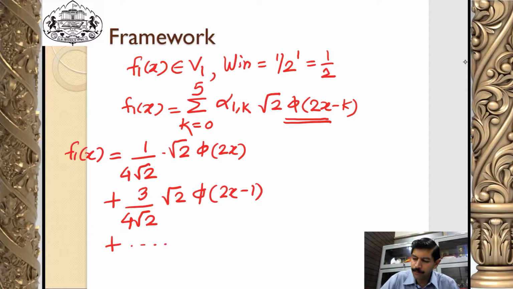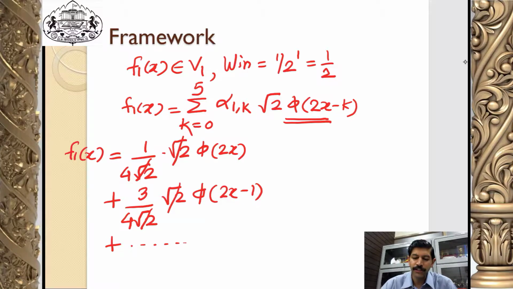And you can plug in the rest of the alphas. The root 2 gets cancelled, and as far as the projection f1 of x into some subspace v1 is concerned, these are the factors that we get: 1 by 4 and 3 by 4 and 5 by 4.